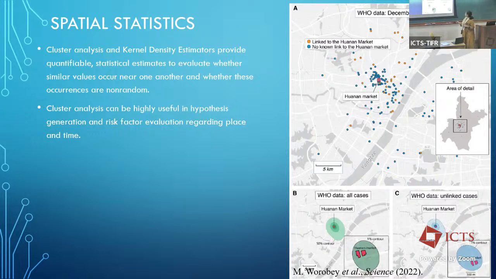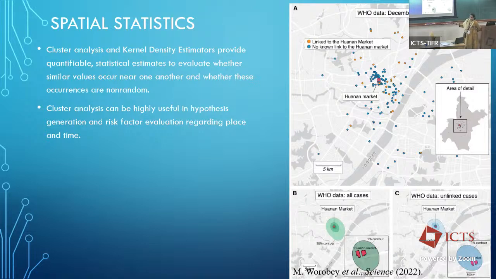They looked at the probability of detecting both types of cases, linked to the market and not linked to the market. Remember, this is December 2019. What they found is that, this is the surface probability kernel density estimate of all the cases, all 155 cases. You can see that the closer you are to the market, the higher the probability of a detection.